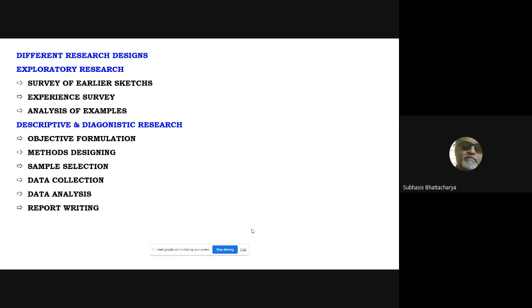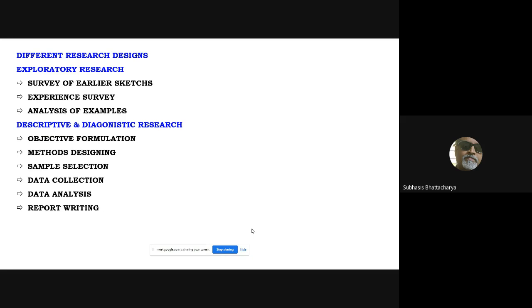In case of descriptive and diagnostic study, what we found is the objective formulation. That is, what objective you have to follow, and then, considering your research ideas, you have to consider the objective.